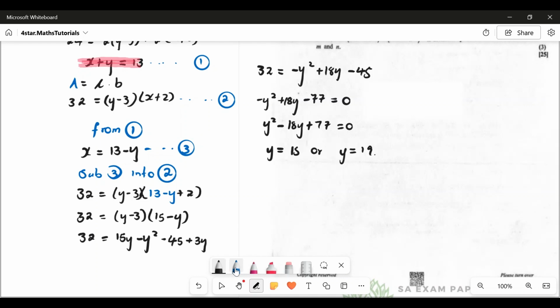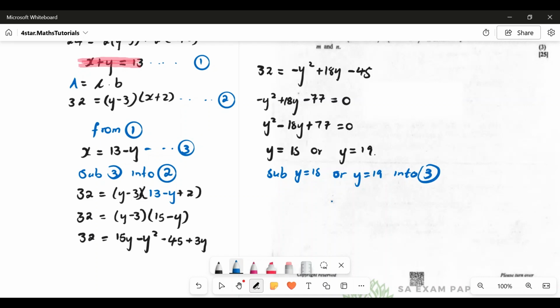Then we have managed to make y the subject of the formula. Now I need to substitute y equals 15 or y equals 19 into equation number 3.